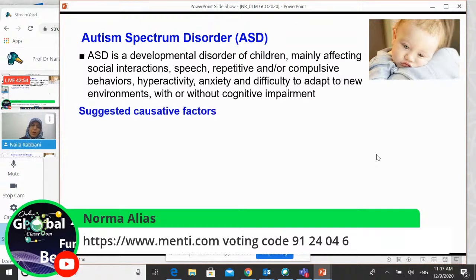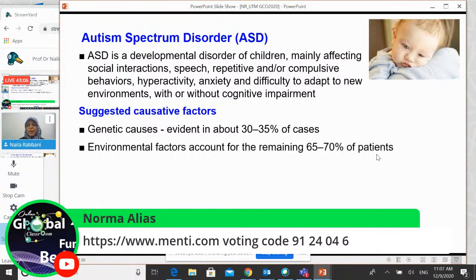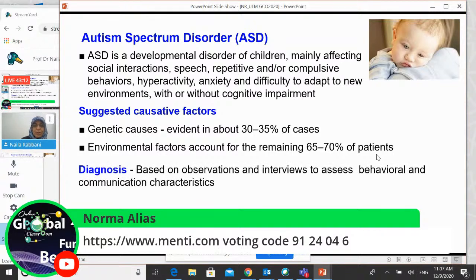What causes this? The suggested causative factors are genetic, but that is only evident in about 30 to 35% of the cases. The rest, environmental factors, account for the remaining 65 to 70% of these children.